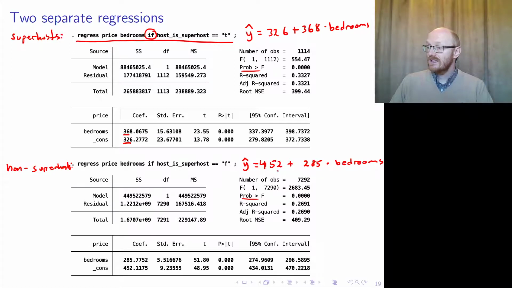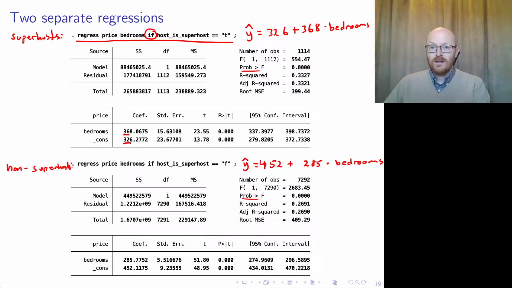So you see that there is a difference between these regressions, and the superhosts have a lower intercept but a steeper slope than the non-superhosts.